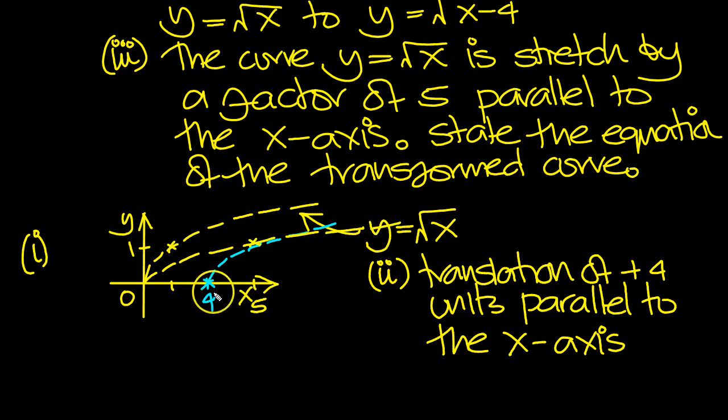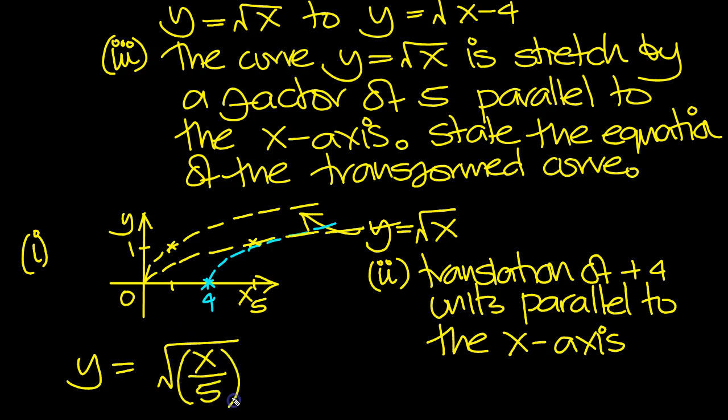Okay, so this point here, so y equals the square root of x. Now to stretch it by 5, if we divide by 5, it's best to just put it down on the page. Let's see if that's correct. When x is 5, this point here on this curve, we get the value that we would get at root 1, wouldn't we?